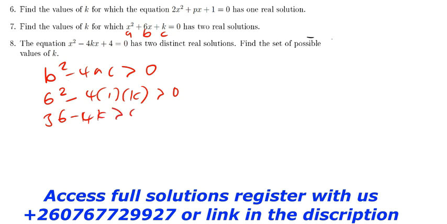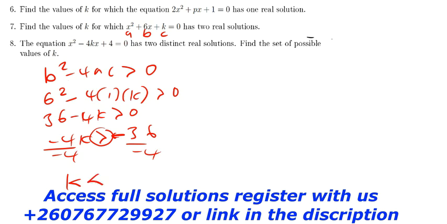This is going to give me 36 minus 4k greater than 0. Shift this to the other side, so it will be negative 4k greater than negative 36. Divide both sides by negative 4. If you divide by a negative, the inequality changes, so k will now be less than 36 divided by 4, that is 9.